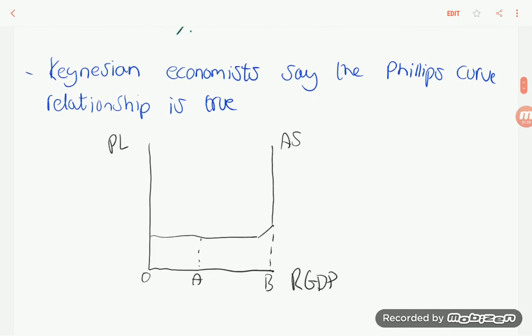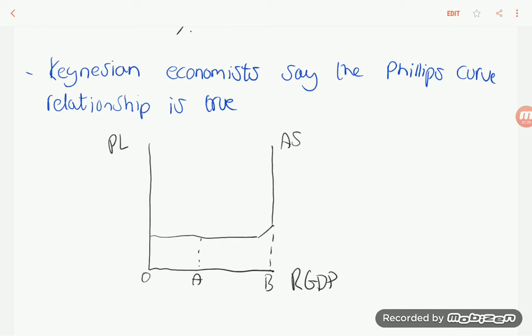Keynesian economists say the Phillips curve relationship is basically true. The Phillips curve shows the same idea as appears in the curved section of a Keynesian LRAS curve. That is, below point A, which you can see on the screen, where output is low and unemployment is high, workers will take jobs even if the wages are low.